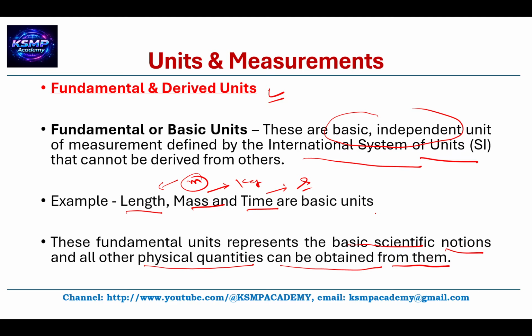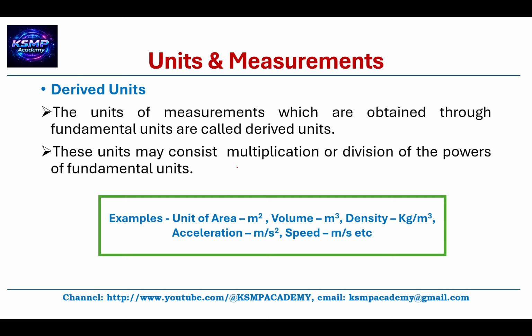So we have to remember that there are two kinds of units. One is fundamental, the other is derived. Derived units can be derived from the basic or fundamental units. Now let us look at the derived units. As we already discussed, derived units can be obtained through the fundamental units.